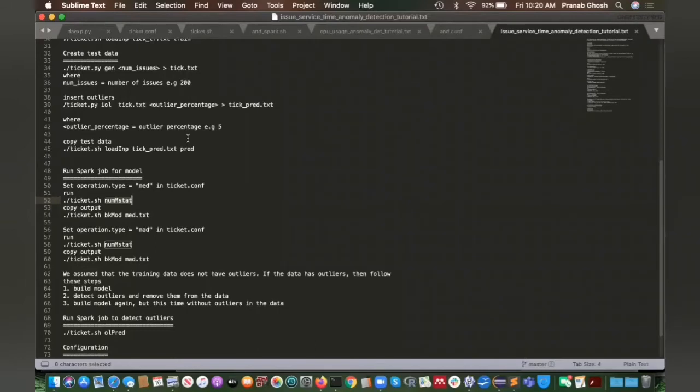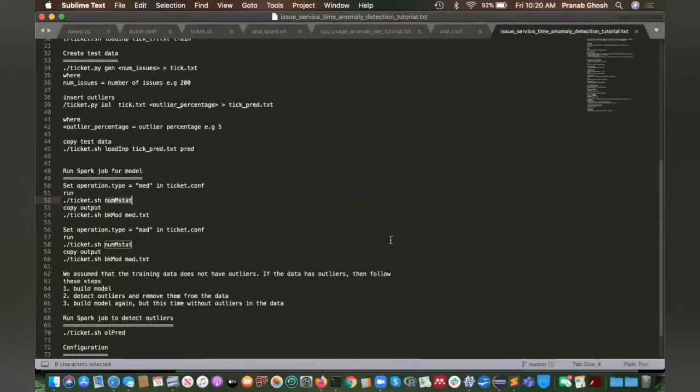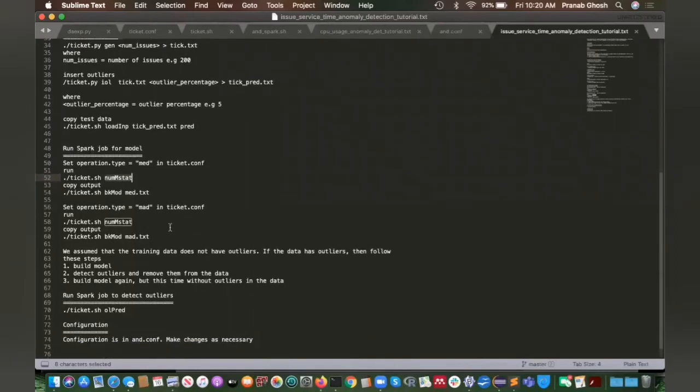The first field in the data set is actually the service center ID. I will take a look at the data later. So the first step is to run a Spark job to calculate the median, and then to run it again to calculate the median absolute deviation. Now, let me go through the configuration.